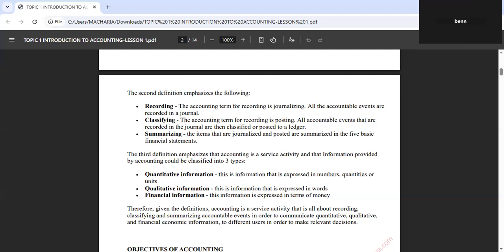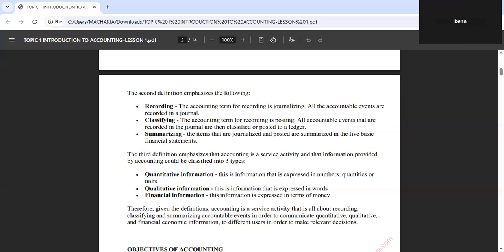Journalizing means putting your item into the correct journals. All the accounting events are recorded in a journal. Classifying means that the accounting term is posting. All accountable events that are recorded in the journal are then posted into their ledgers. We shall look at these journals and ledgers as we move on.